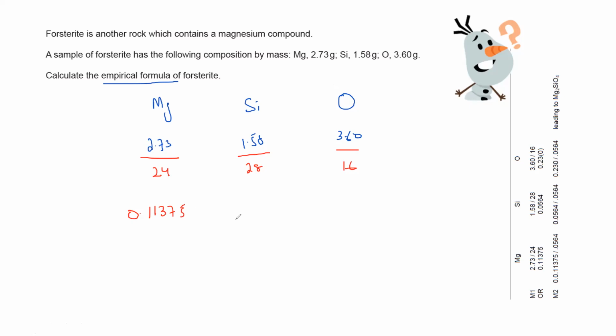Then 1.58 divided by 28, that will be 0.05864. And then 3.6 divided by 16, that's equal to 0.23.